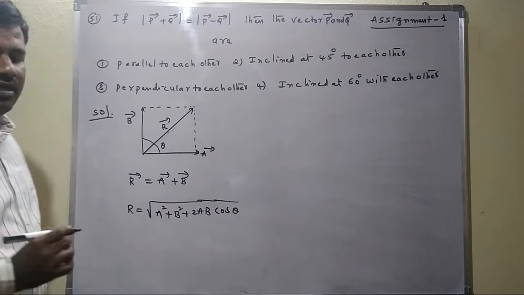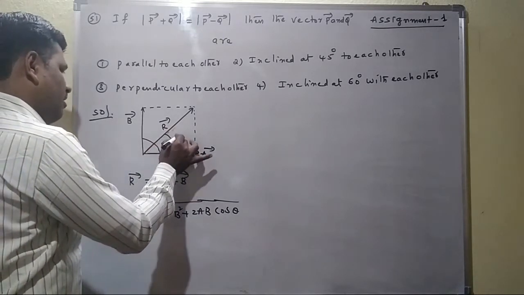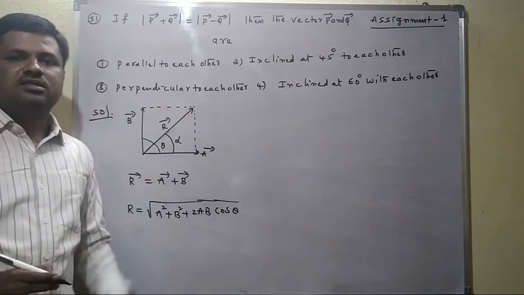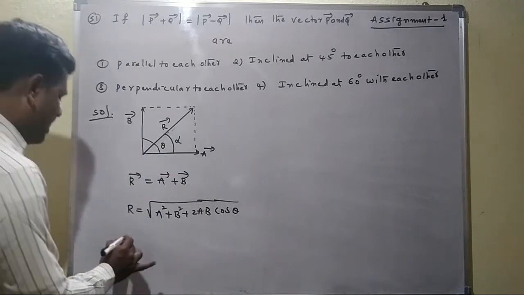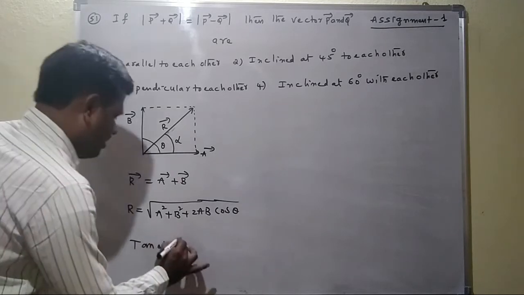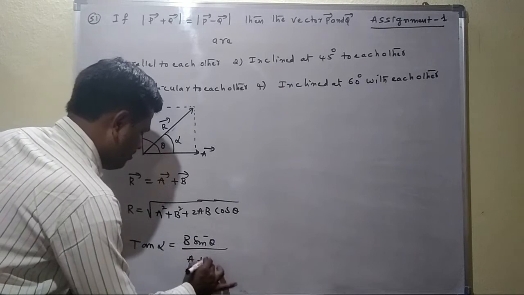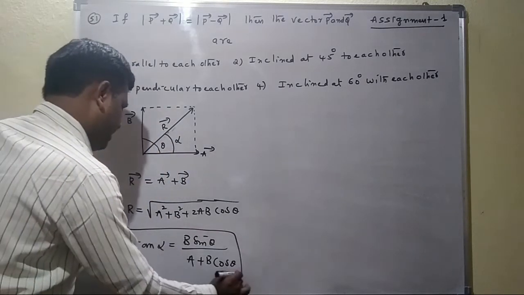Next, suppose this resultant vector r bar makes an angle alpha with a bar. In this case, tan alpha is equal to b sin theta by a plus b cos theta. These are the results of the parallelogram law of vectors.